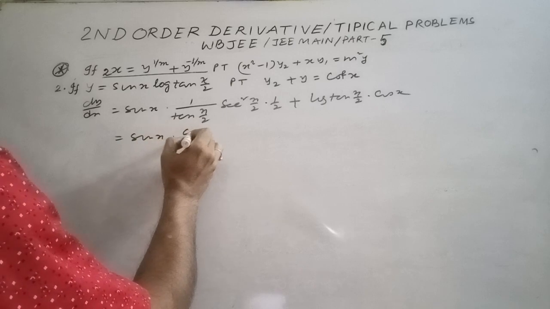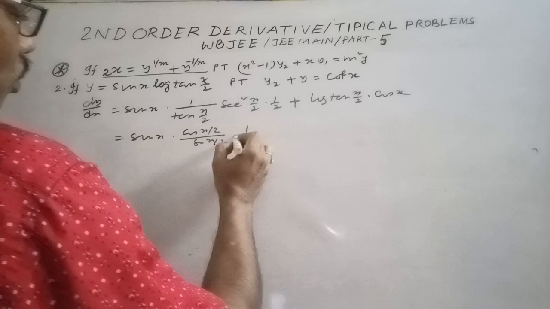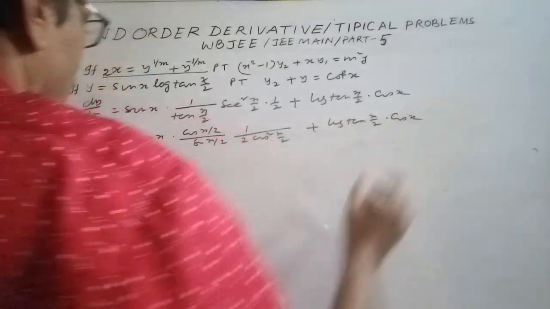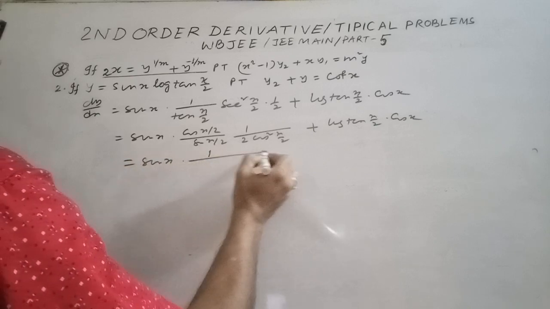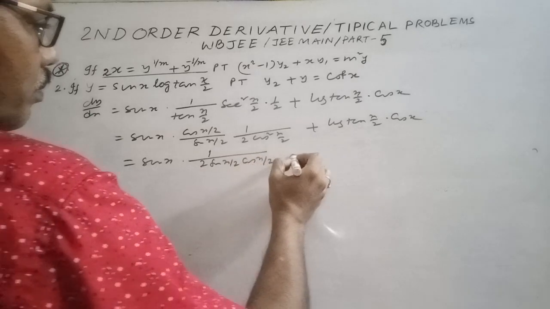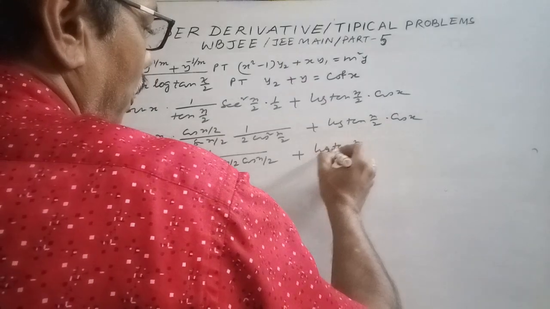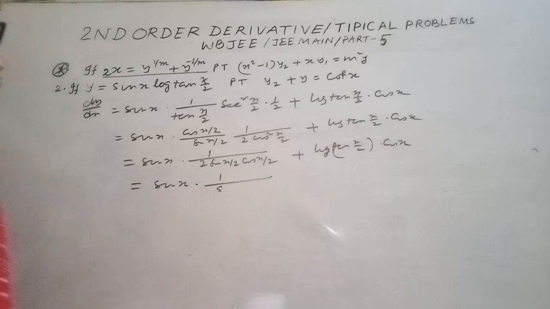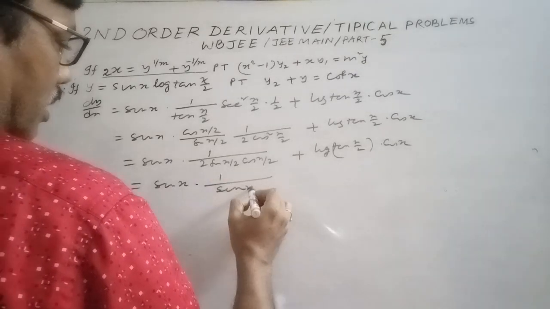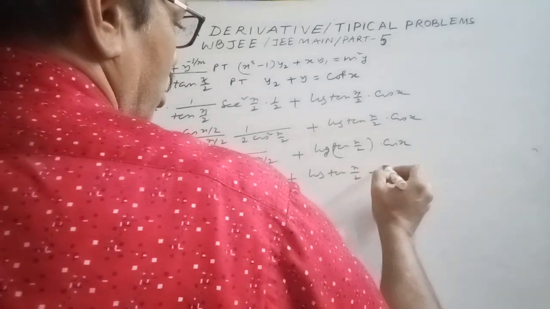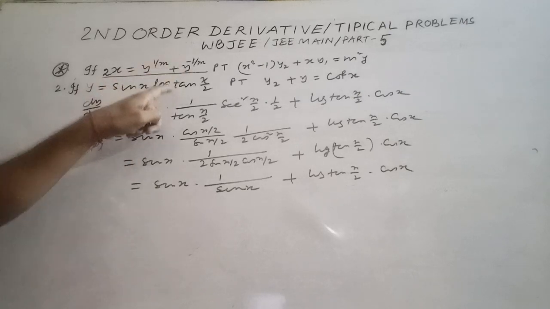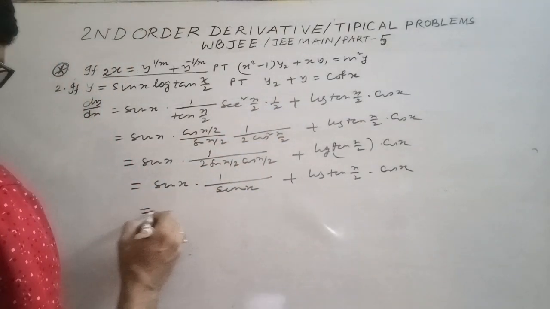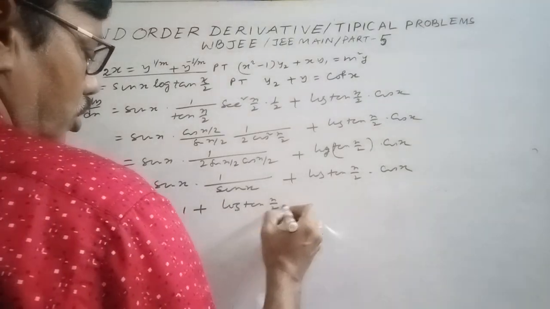Simplifying, 1/(2 sin(x/2) cos(x/2)) is 1/sin x, so sin x times this gives 1. So finally we get dy/dx = 1 + log tan(x/2) cos x.